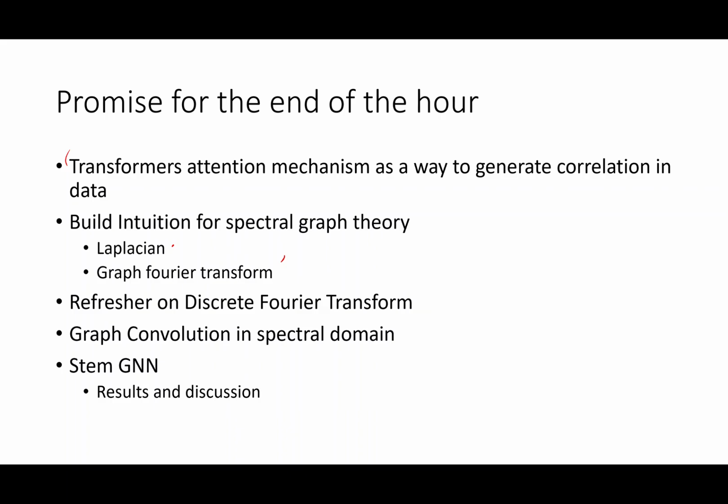Then we'll understand the graph convolution in the spectral domain. So I also want you to have a very vague idea of what convolution means, at least in the convolutional neural network sense or the convolution in signal processing sense. And then we'll go and discuss StemGNN's results and what this paper is and what it did.